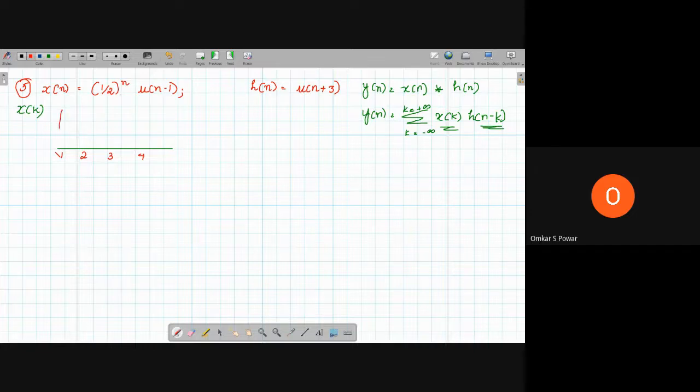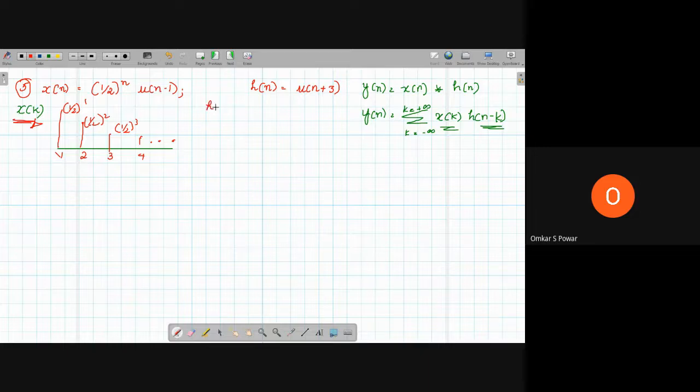So your value goes on decreasing because it is half, right? So you have to write here half of 1, half of 2, half of 3, half of 4. It goes on like this. So this is your x of k. Now h of n minus k.